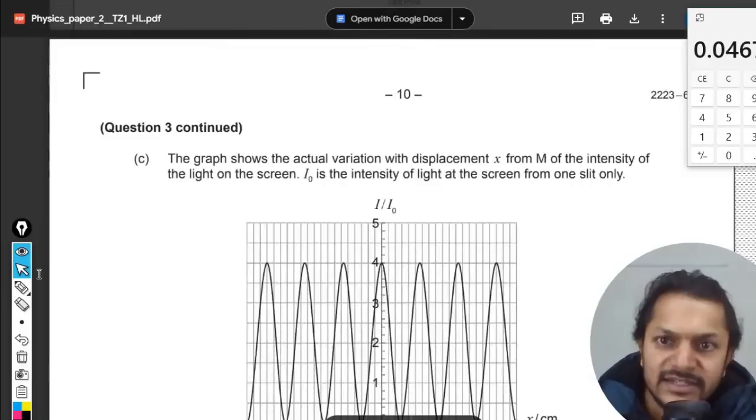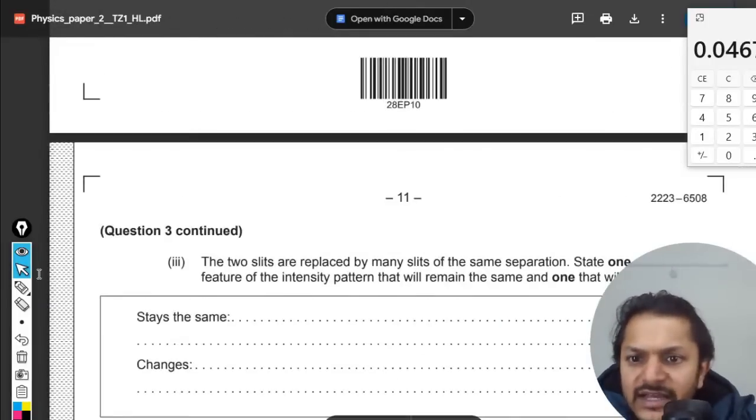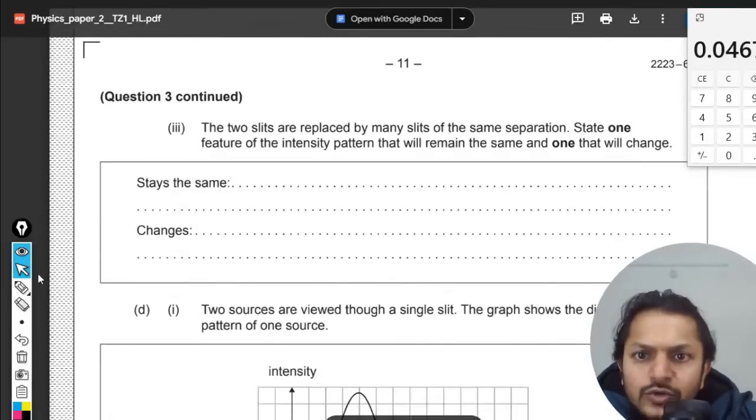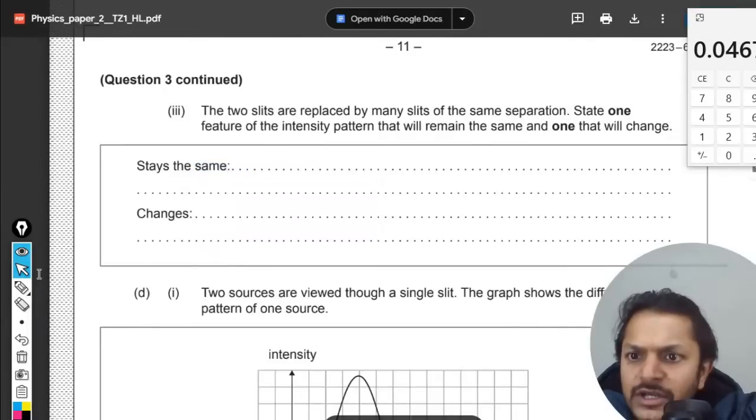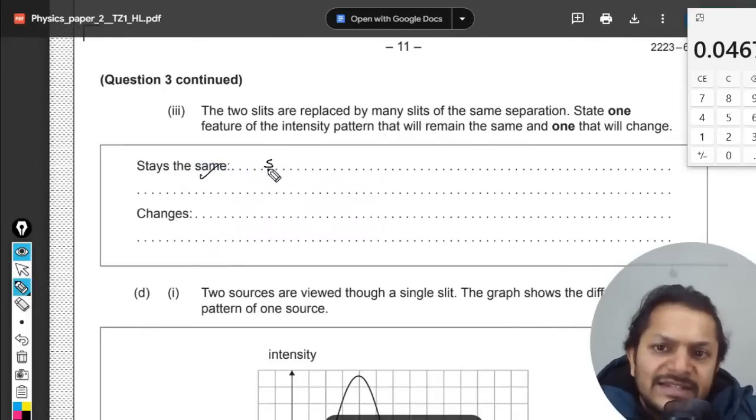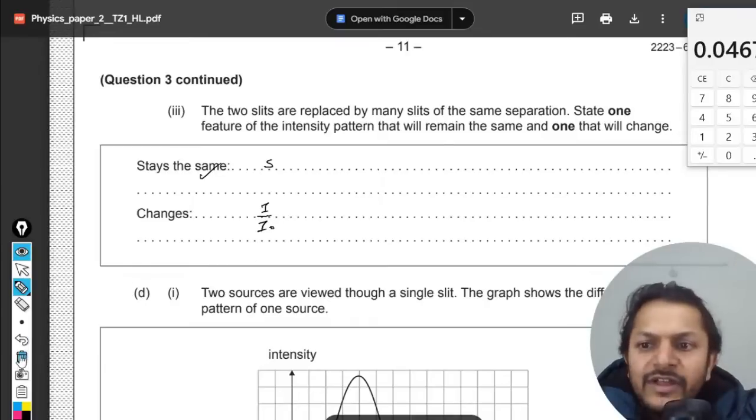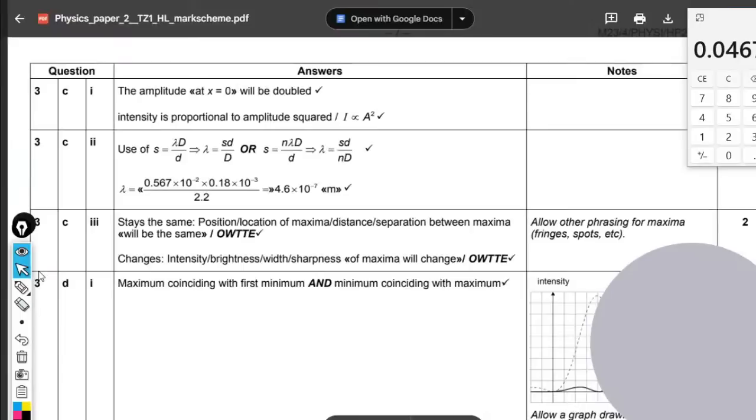Let us see the question once. Two slits are replaced by many, stays the same. So spacing will remain the same, but I by I naught will become different. Let us see the answers now. Yes, stays the same: the location of the maxima and the separation between maxima will be the same.